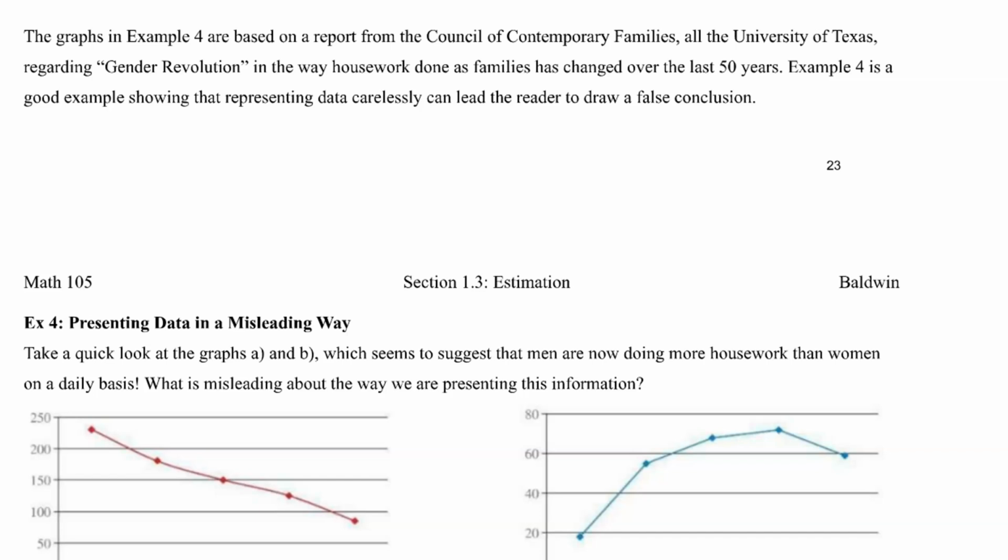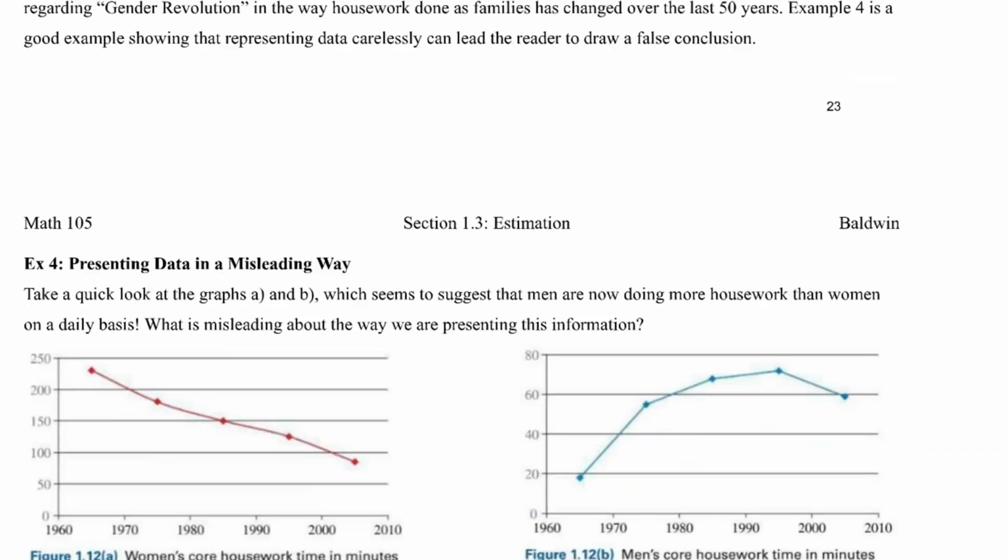It's a good example that shows us that representing data in a careless way puts the people analyzing and looking at the graphs in a position to draw false conclusions because of how carelessly the graphs were constructed.